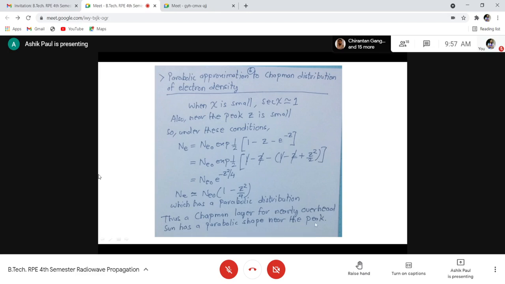That means all these kinds of bumps that we had observed, if we focus and highlight on any one of these layers near the peak, and calculate the electron densities at those heights and plot it, then we will observe that it is more like a parabolic distribution around the peak of that layer.